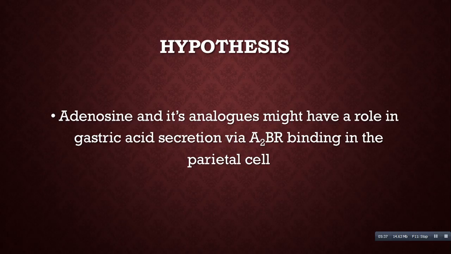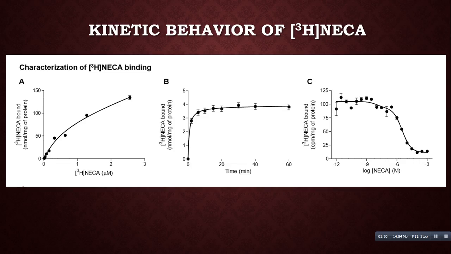They used parietal cells that they got from normal rabbit gastric mucosa. Figure 1 here is showing saturation curves of the kinetic behavior of H-NECA. H-NECA is a radio-labeled adenosine ligand, and binding assays were performed to determine the affinity, and using the data they collected, they created these saturation curves.